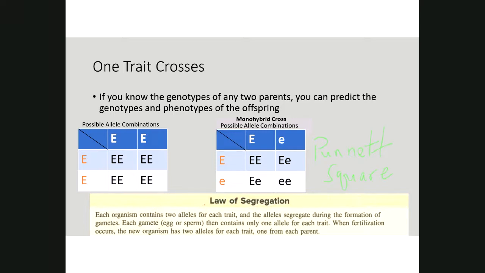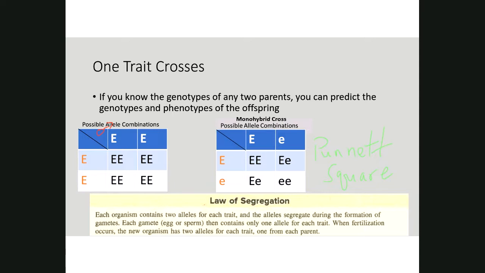Let's say you want to represent what the possible combinations for the gametes of the male are. For the sperm, we're telling you here that this male is homozygous dominant.